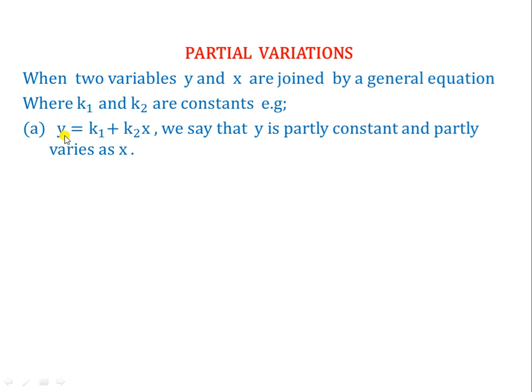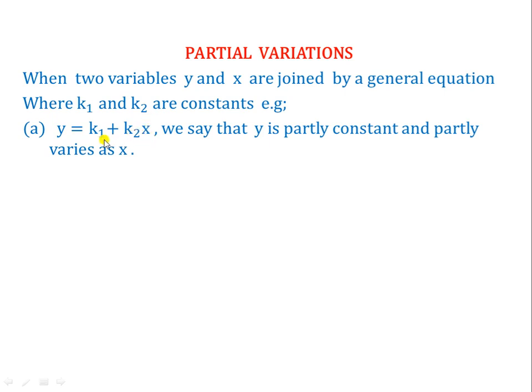Part A, y equals k1 plus k2x. What do we say in case we have an equation of this kind? We simply say that y is partly constant and partly varies as x. Here, k1 is a constant, but we also have another variable connected to another constant.